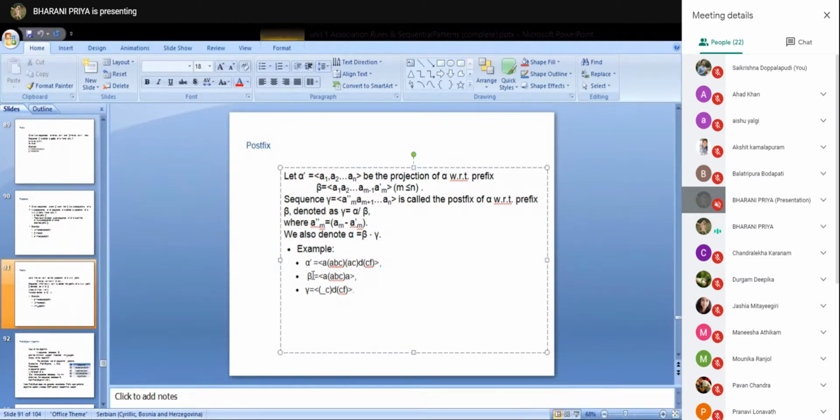The concatenation of this prefix and postfix will give you your original sequence. And if I want to represent only the postfix, what is the definition? Your original sequence minus prefix will give you your postfix. Any doubts?